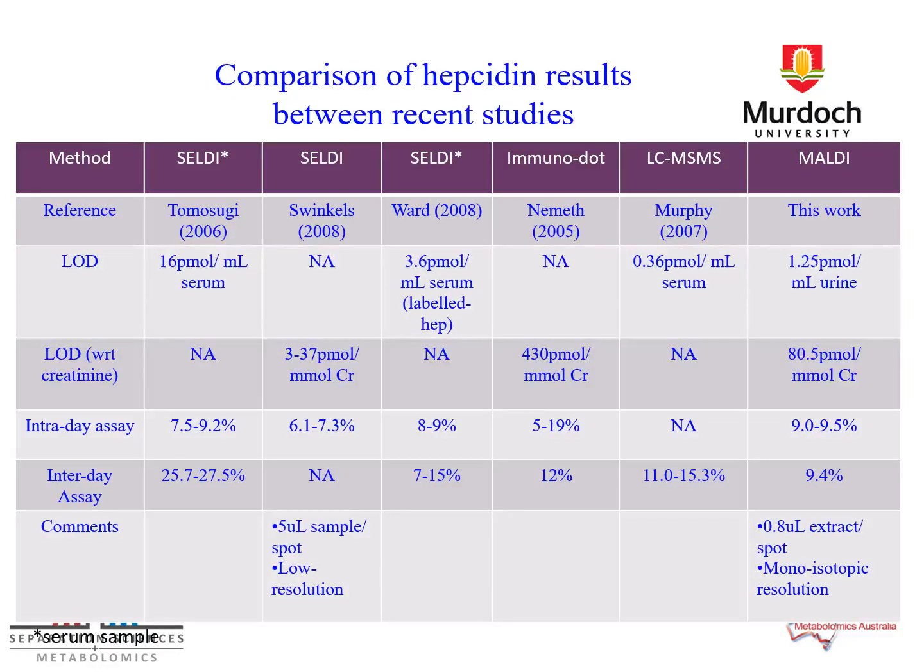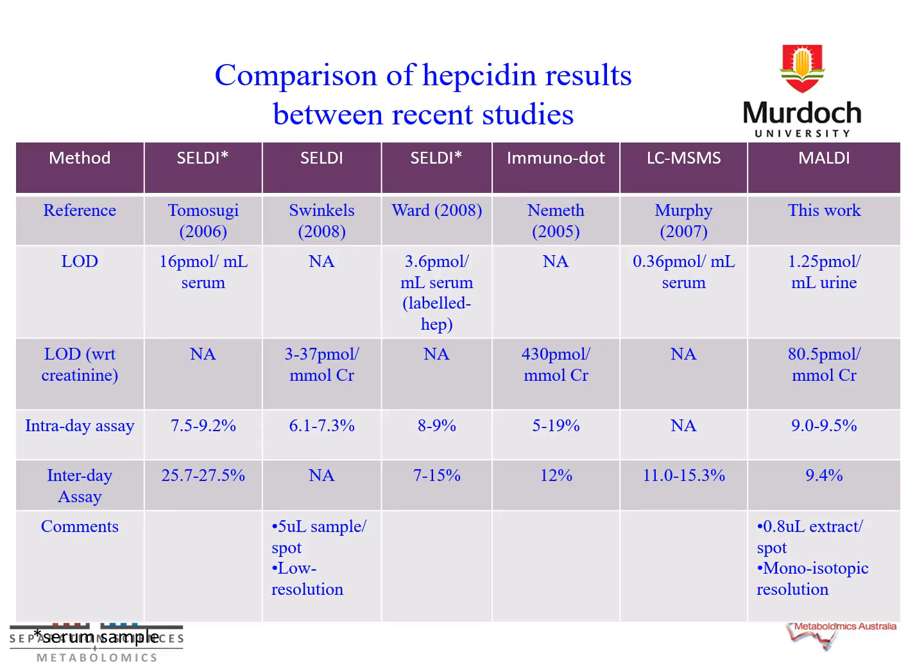We published this work at the end of 2009 or 2010, and at the time a lot of groups making measurements of hepcidin in urine were using SELDI, or surface-enhanced laser desorption ionization, and linear time-of-flight devices.